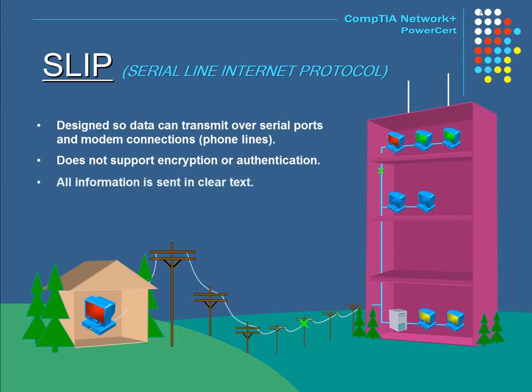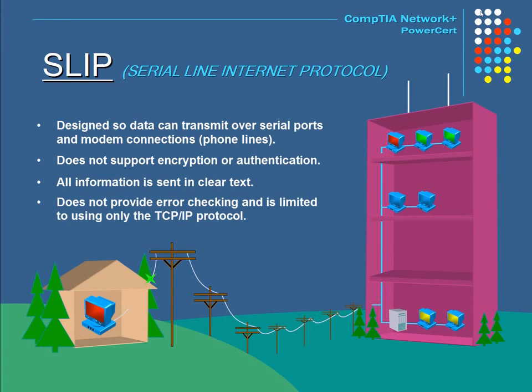So SLIP falls short because security is a major issue in today's world. SLIP also does not provide any error checking and is limited to using only the TCP/IP protocol. So a better protocol was needed to address these issues, and that protocol was PPP.